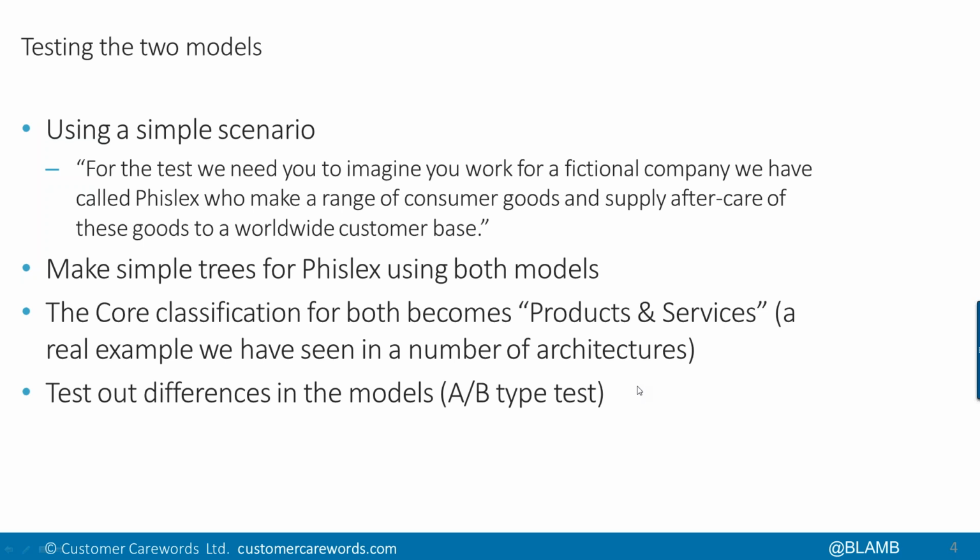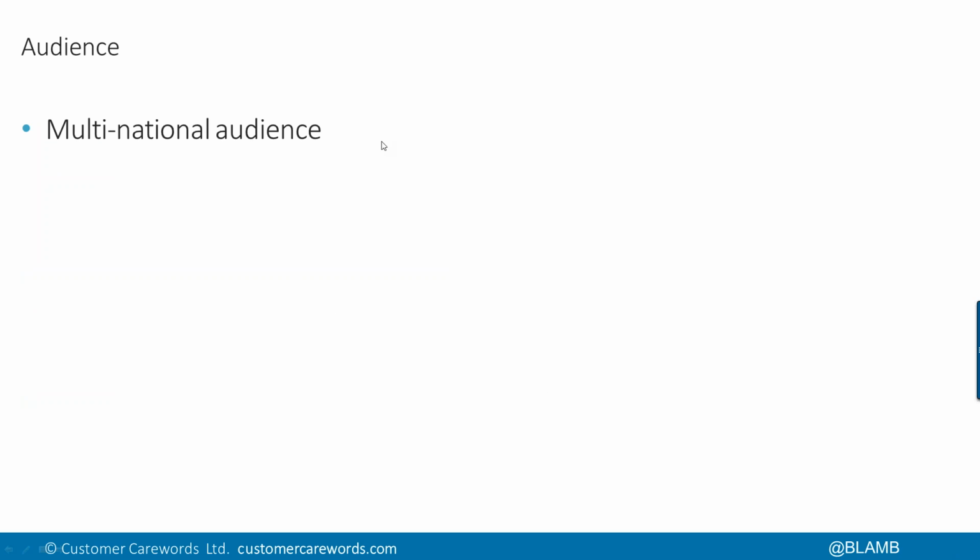And then we set about testing the differences in an A/B type test, where half of our sample is presented with the Model A classification and half with the Model B classification. We had a multinational audience come to do the testing. Mainly they were readers of New Thinking, of Jerry McGovern's column each week, who we asked to volunteer.